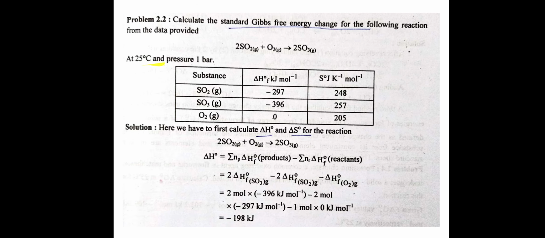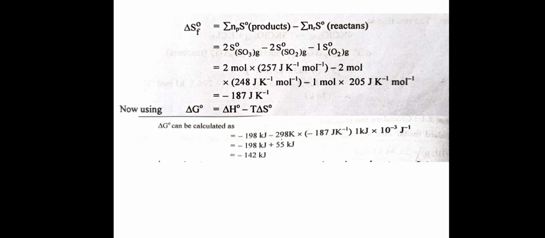Temperature is given as 25 degrees Celsius, we have to convert it into Kelvin. So minus 298 Kelvin into minus 187 joule per Kelvin, but we have to convert it into kilojoule, so we have to multiply by 1 into 10 raised to minus 3. So we get minus 198 kilojoule plus 55 kilojoule. So the final value we get is delta G0 equal to minus 142 kilojoule.